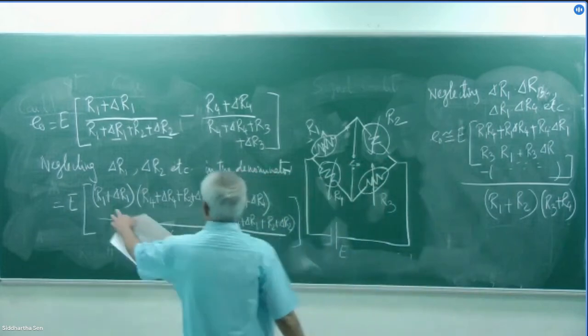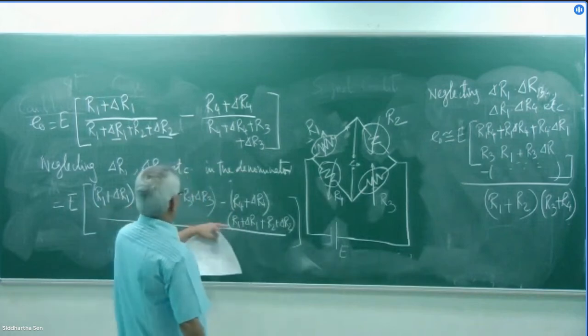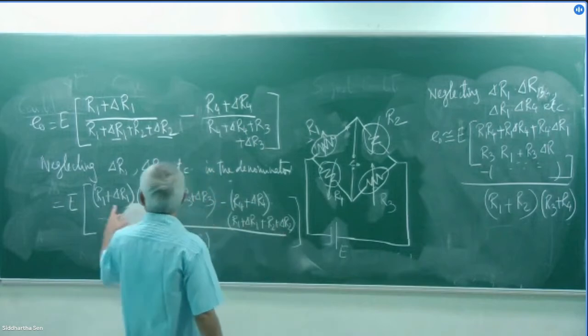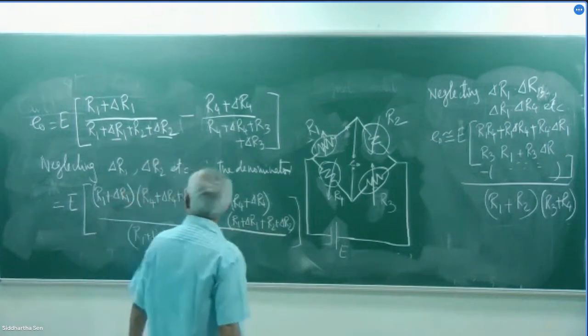And we will find this R1, R4 and R1, R4 get cancelled out. Similarly, R2, R4 is equal to R1, R3, so they also get cancelled out.